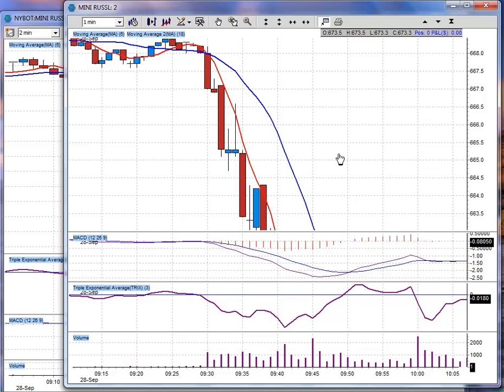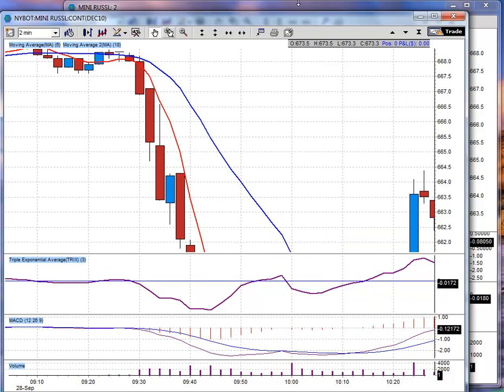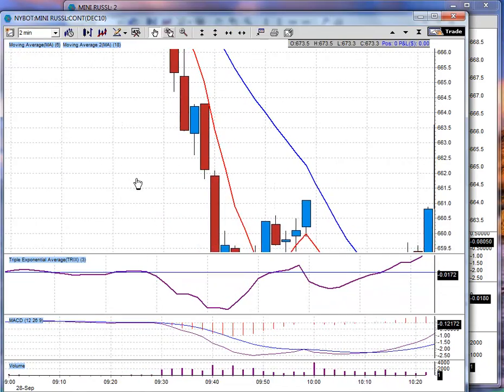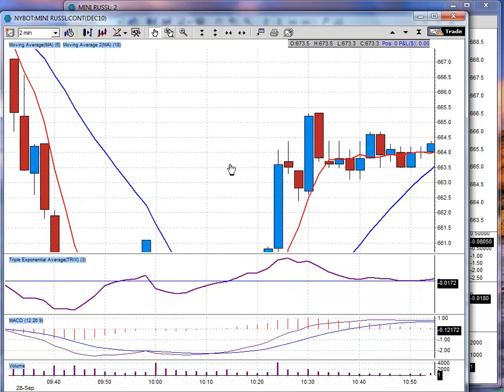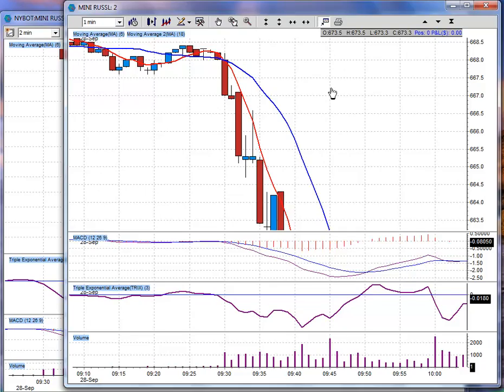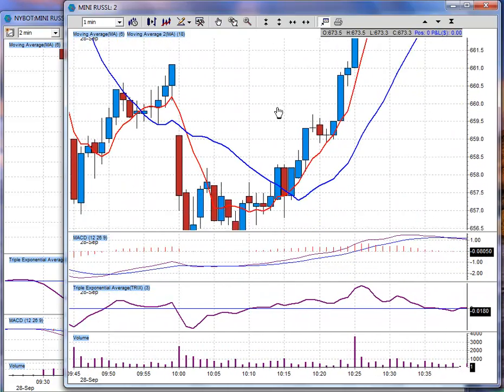So you're using them all in conjunction with each other and making sure that what's happening on one chart is being confirmed on another. So I hope that kind of clears up some things about that entry zone, and hopefully, especially on a day like today when it pushed so hard, will allow you to experiment and try and get into some trades that you wouldn't be able to get into otherwise.